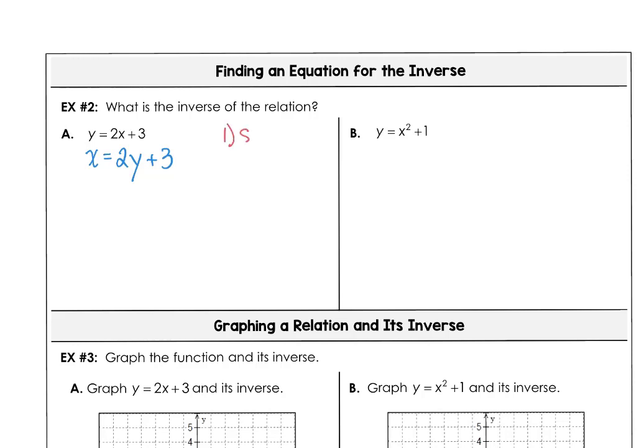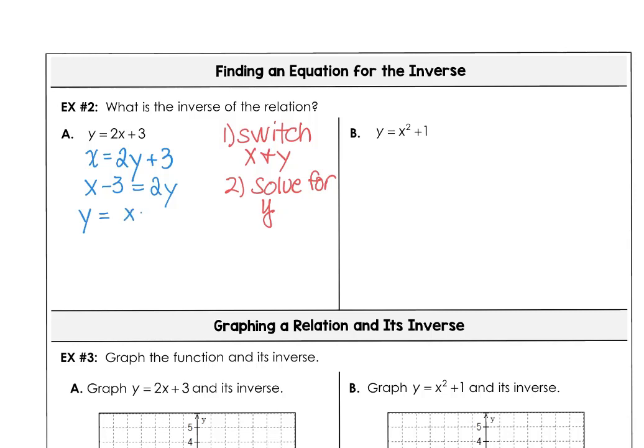That's our first step, to switch the x and the y. And from there, you would want to solve for y and isolate the y variable. So when we solve for y, subtract 3 from both sides, divide both sides by 2, and we've solved for y.